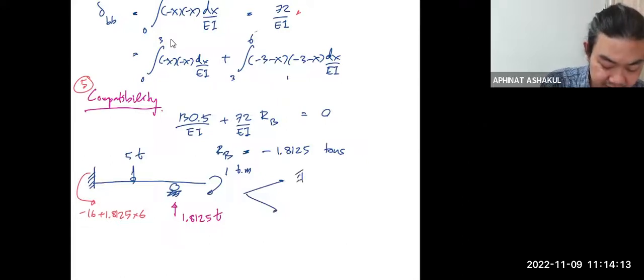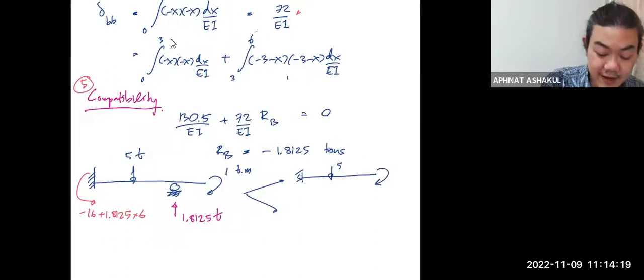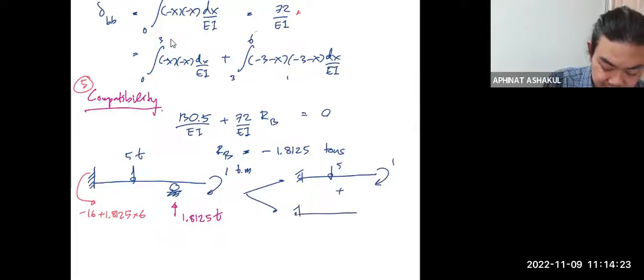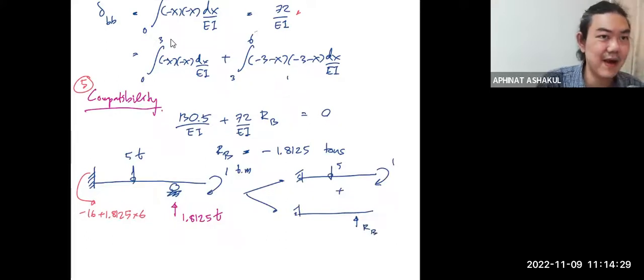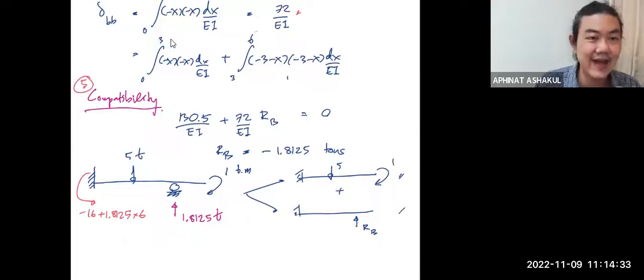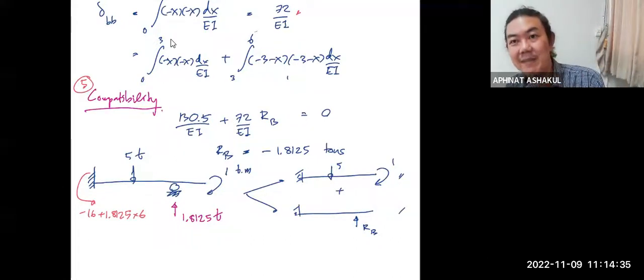The first case is this, 5 and 1, right? And then I have the second case due to reaction. So when I want to calculate my moment here, can I calculate one case and then add the other case and then add them up? Can I do that? Of course I can, because I believe in superposition.